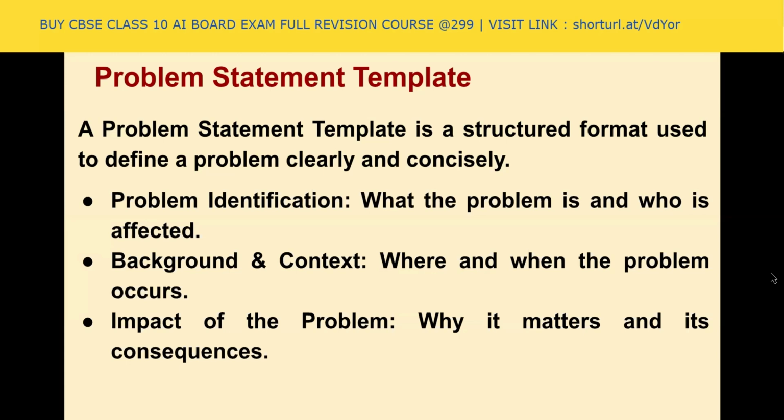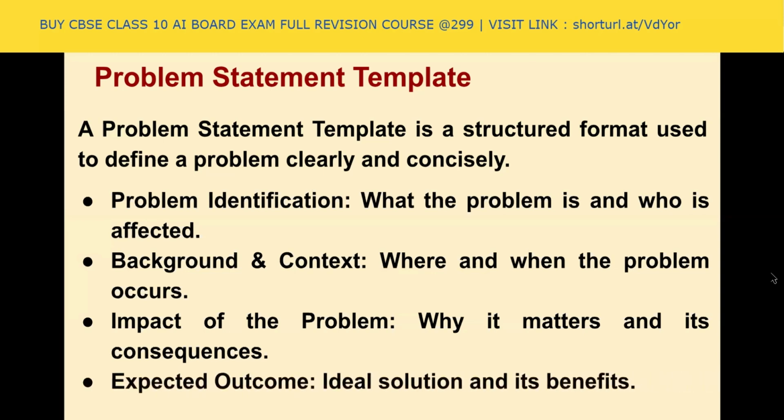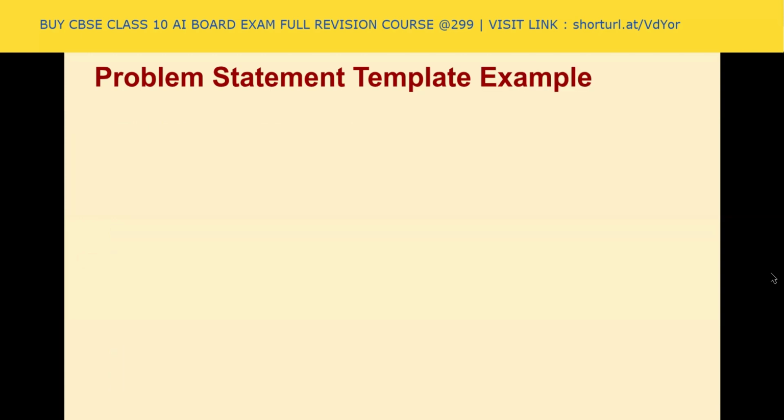Here we have what and who, in background and context where, and obviously the why. So basically, if we make a 4W canvas, this entire thing we can consider as a problem statement template. All right, and obviously we need to know a vision, the expected outcome of an ideal solution, in the template.